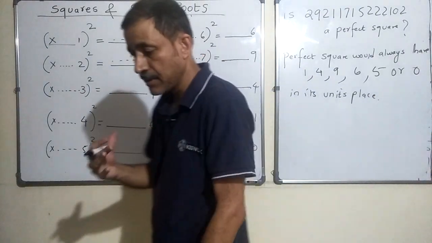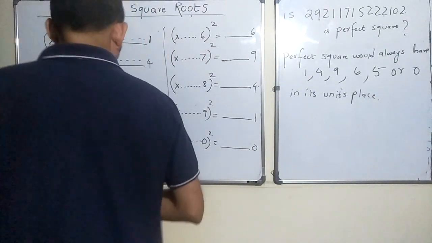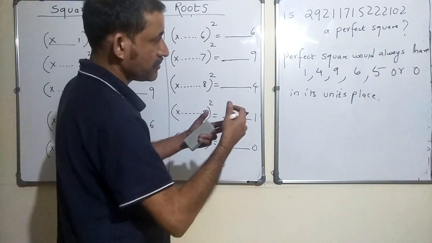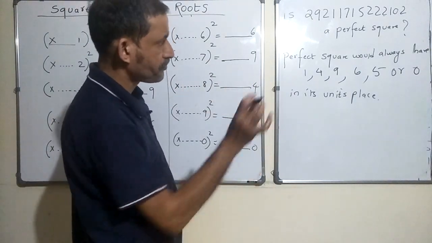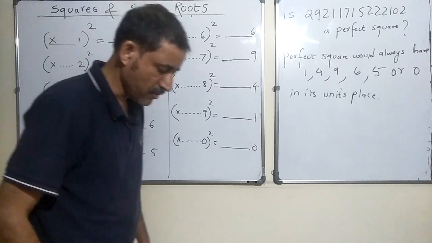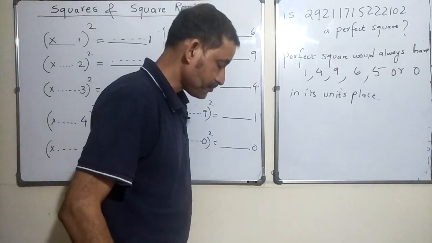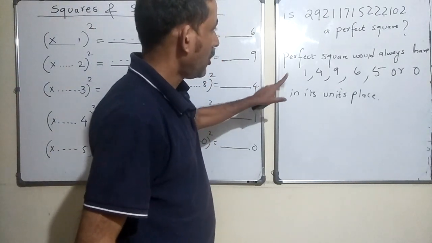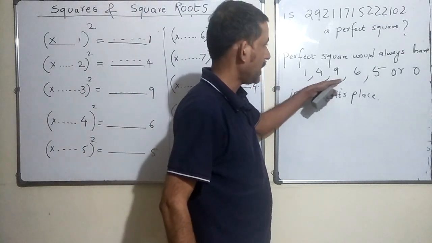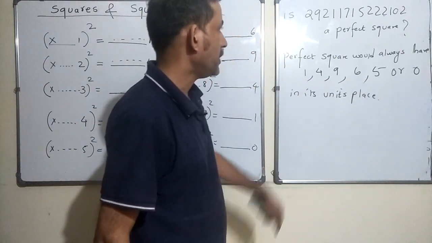Now I am assuming that there is no decimal point here. Okay, so it's not a decimal number, it's a whole number. Okay, so in that case it will always have 1, 4, 9, 6, 5 or 0 in its unit place.